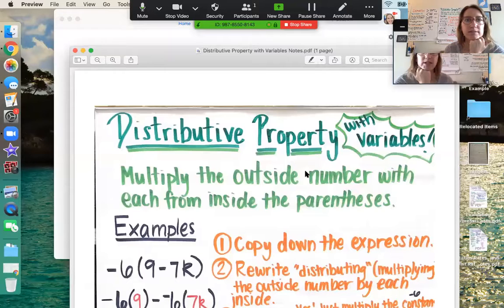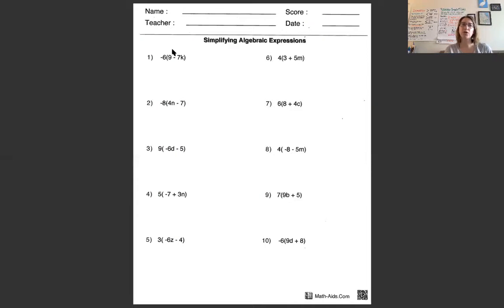This one. I have too many tabs opened on my computer right now. Where'd it go? This again. Here we go. There we go. Alrighty.